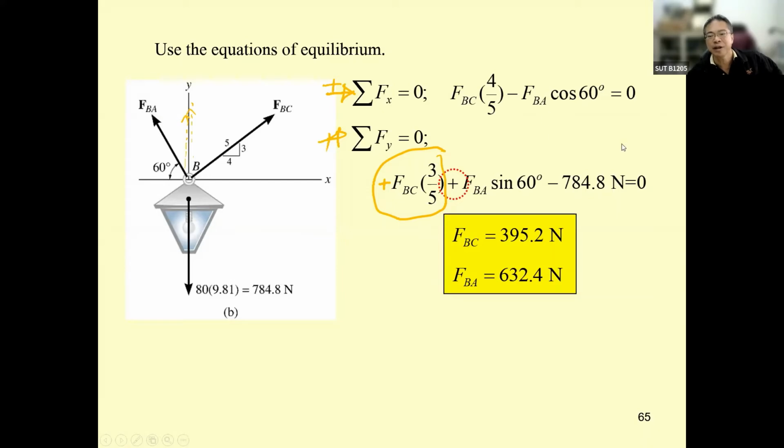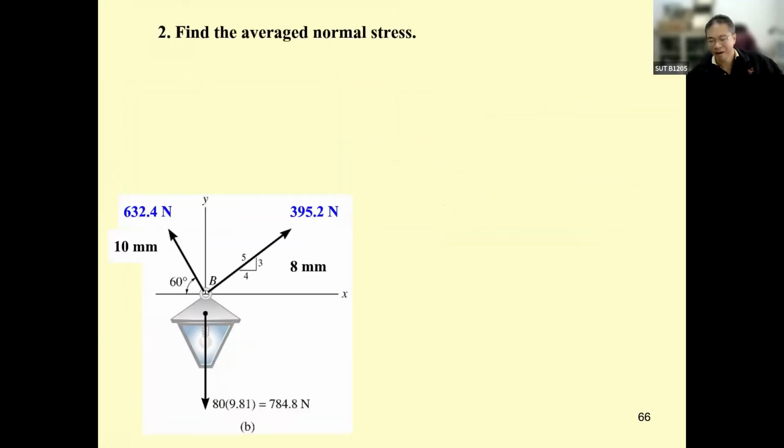Solving these two equations, you will get the internal forces in the rod BC and rod BA, but the areas of the rods are different. So the normal stresses that occur inside them will be different.